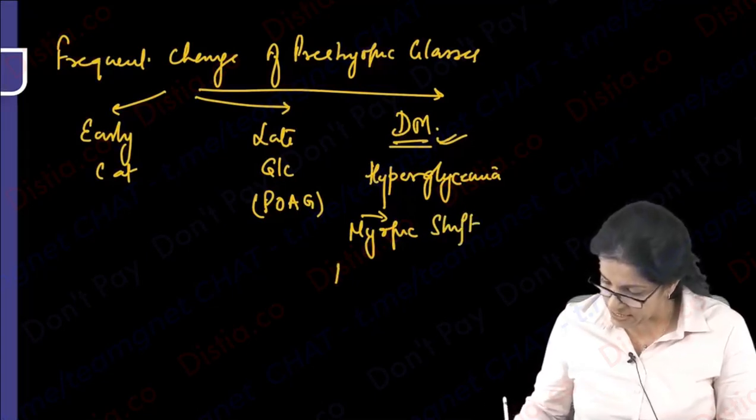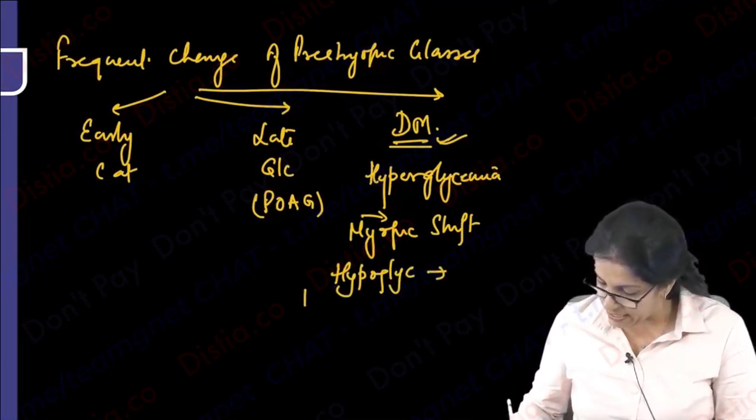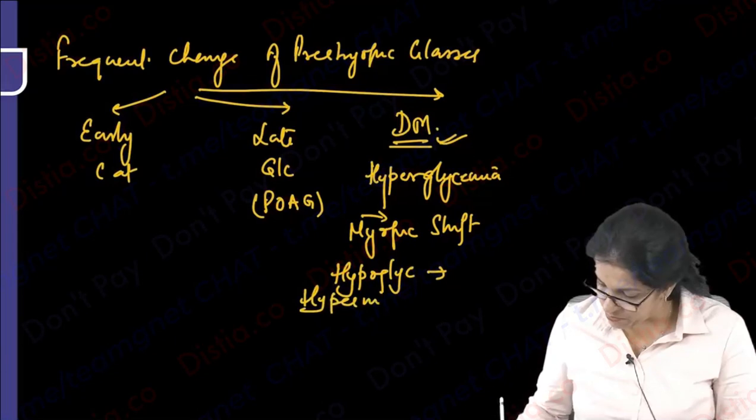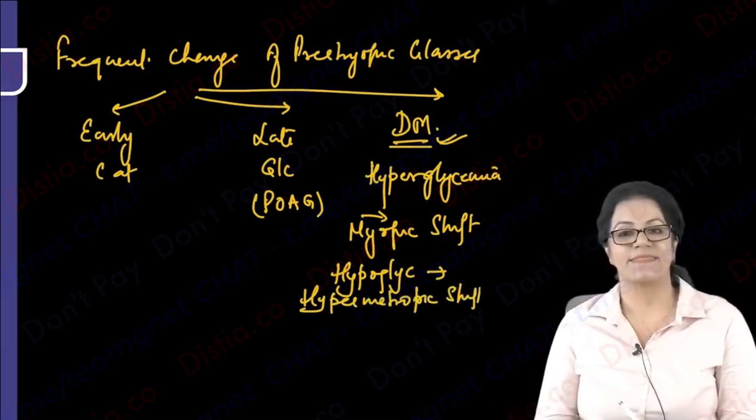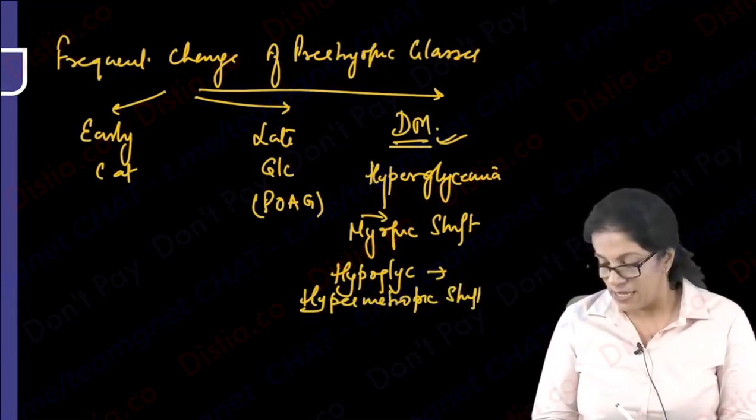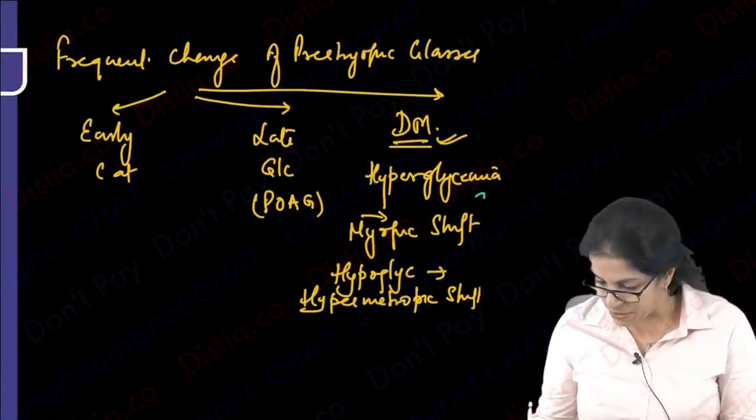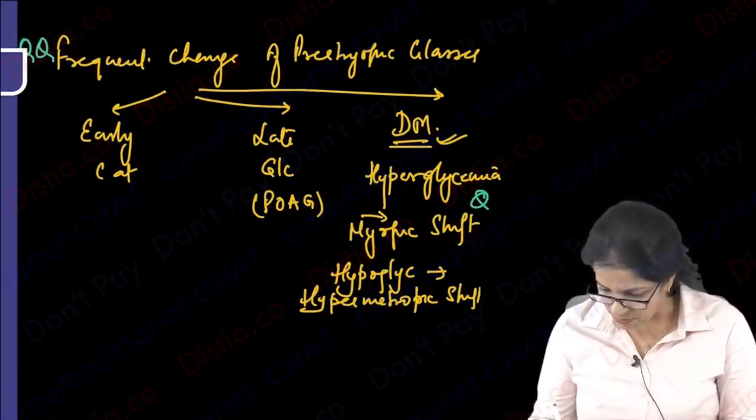And vice versa, if suppose the sugar goes down, hypoglycemic, we have hypermetropic shift. Hypermetropic shift. Correct? So, this is very, very important. We are going to put a Q here, all of you. And we are going to put another 2 Qs here also.